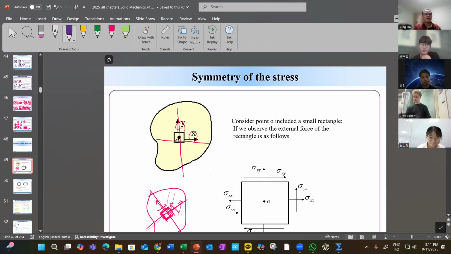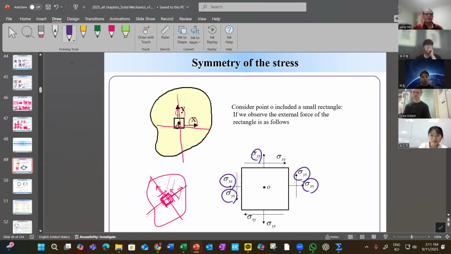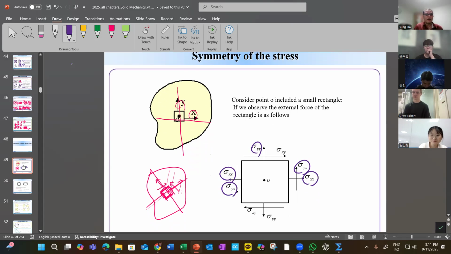And as we just defined, this will be the sigma xx and sigma yx. And in the opposite direction, because of uniform stresses, there should be a sigma xx, and this is a sigma xx, and this is a sigma yx, and yy, and yy, and xy, and xy.